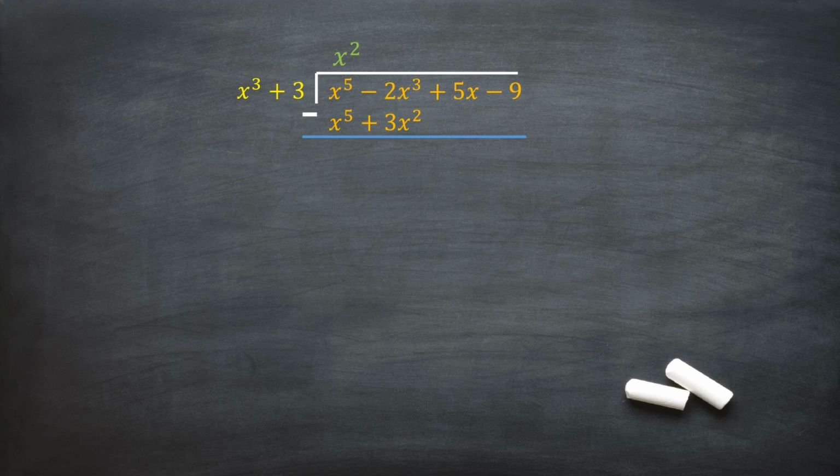Now that we already have the product of x squared multiplied to our divisor, x cubed plus 3, we will now subtract the product from our dividend.